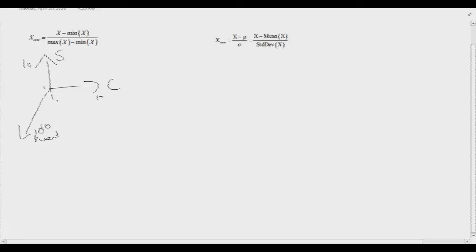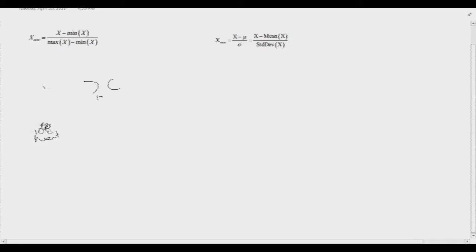As you can see, this is not an accurate representation because these distances are barely going to contribute to a data point somewhere here. But under normalization, if this 10 to the power of 10 was just 10, then it would be an adequate descriptor of what's actually going on.